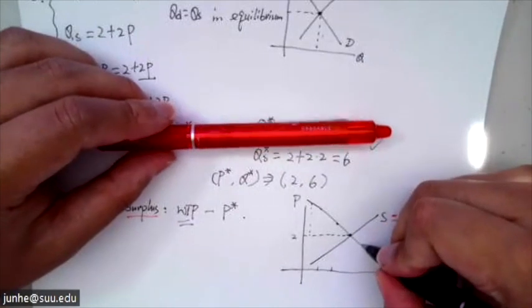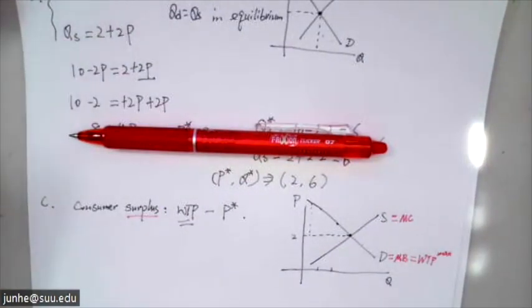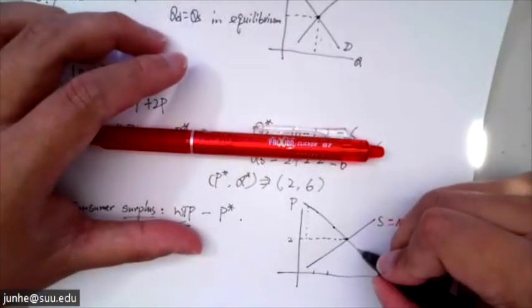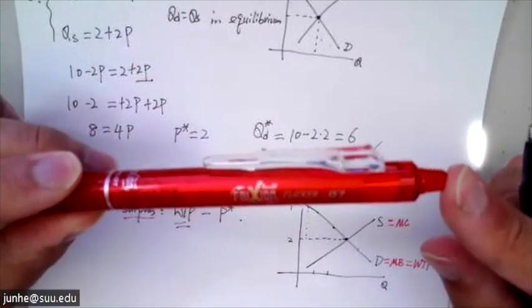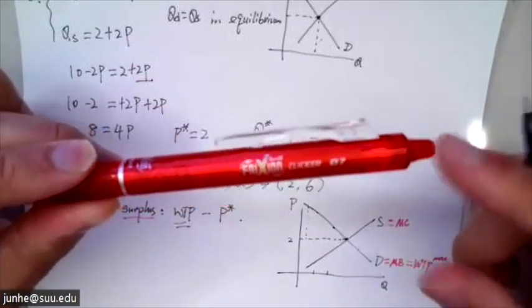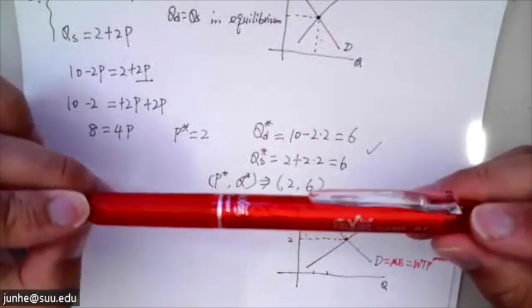And anywhere below here, the transaction will not take place if you're rational. Reason being, you only value this pen at $1, but this pen costs $2. Will you be willing to buy? If you're rational, you will not purchase this.